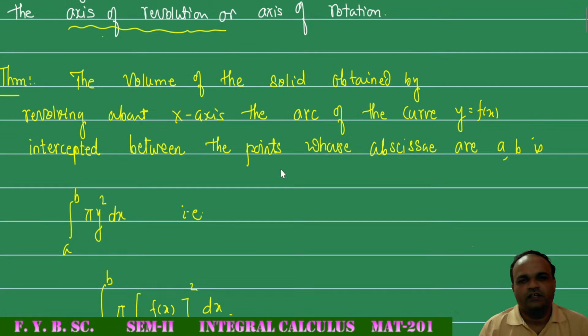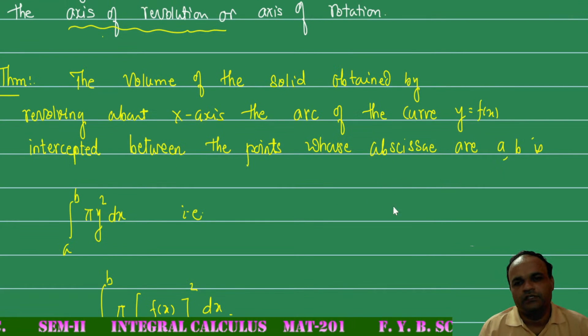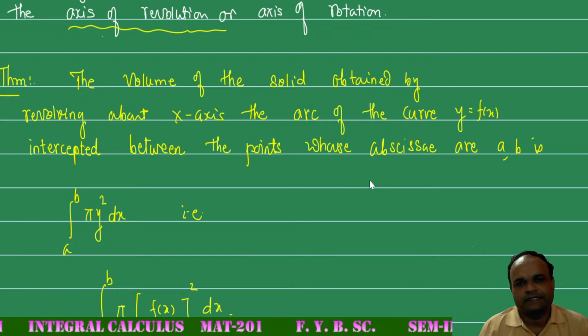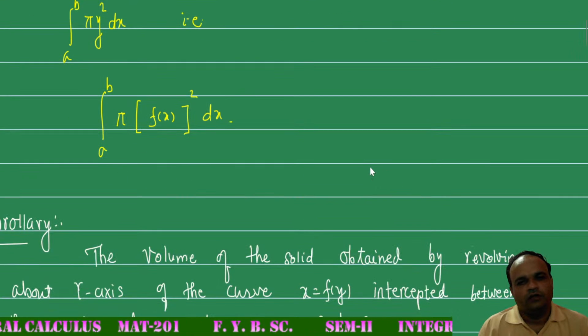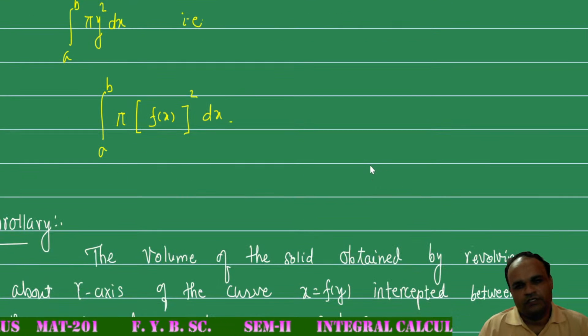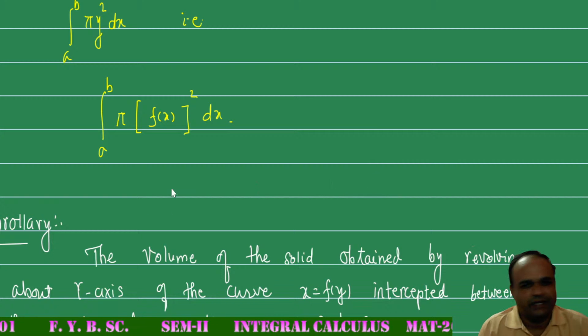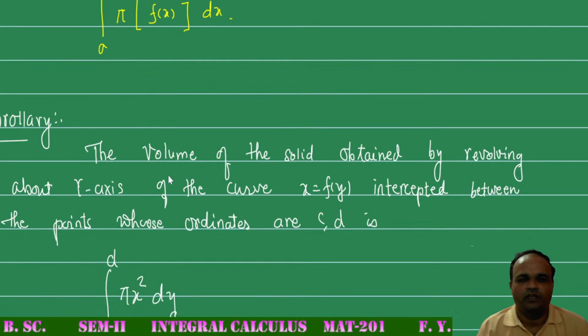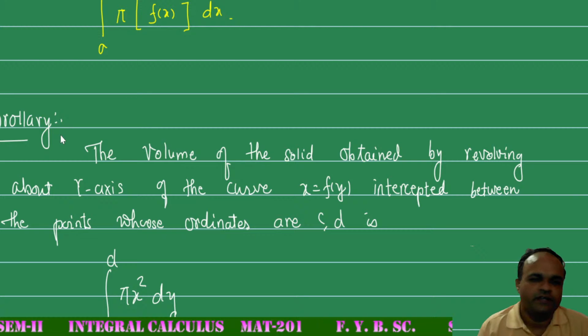This is the case when the given curve is symmetric about the x-axis. But when the given curve is symmetric about the y-axis, in that case we write this theorem in a different form, as a corollary.